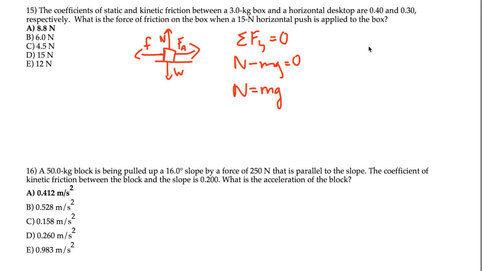So one thing we can do is solve for the maximum possible static friction force that we could have, which has been defined as μs times N. This is the maximum static friction force that you have, so that you're on the verge of slipping, but you're still at rest. So in this case, since the normal force equals mg, the maximum possible static friction force is the amount of force you have to overcome to get the box moving.